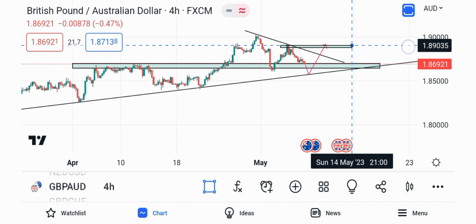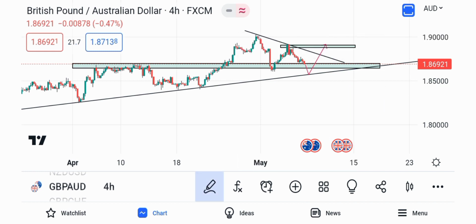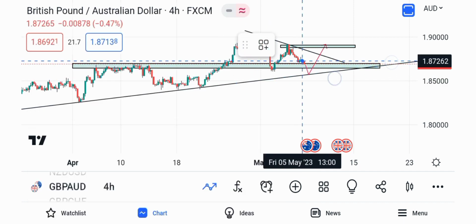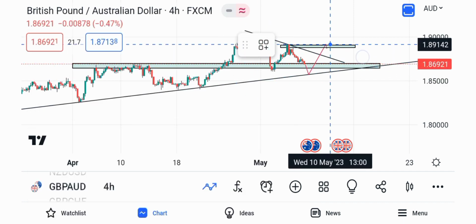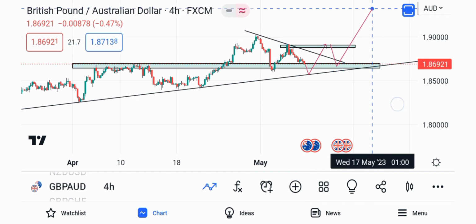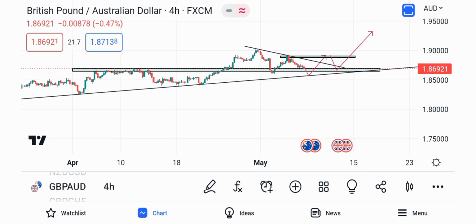This very point, this key level here. Then expect a correctional move here, then continue upwards. So that's my weekly outlook on GBP AUD.